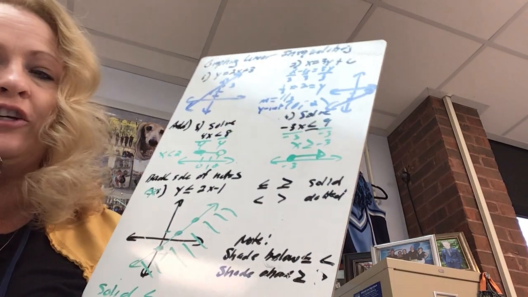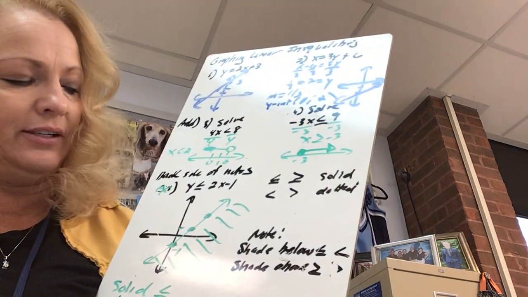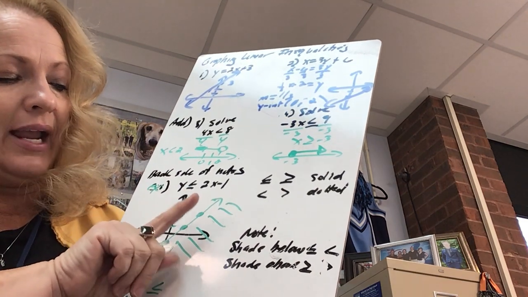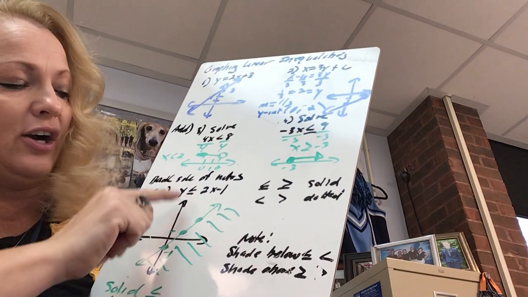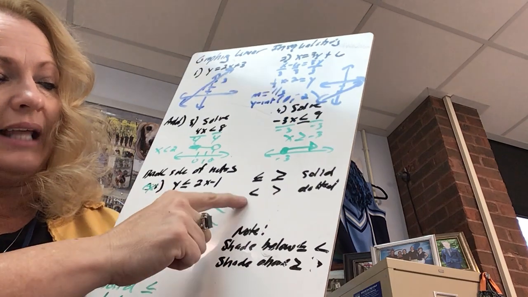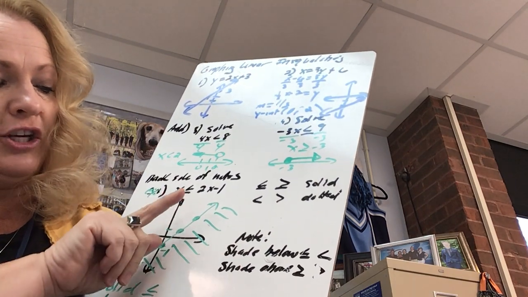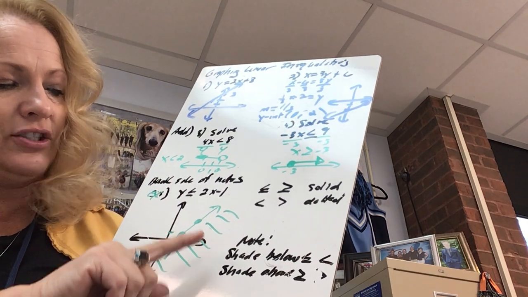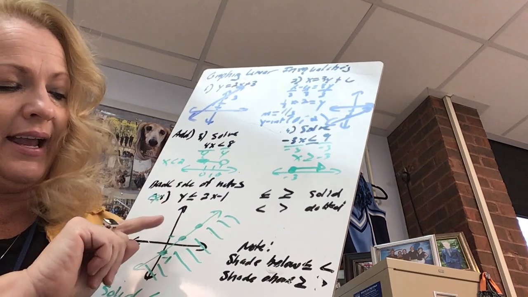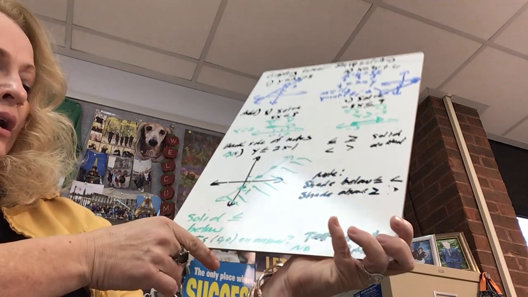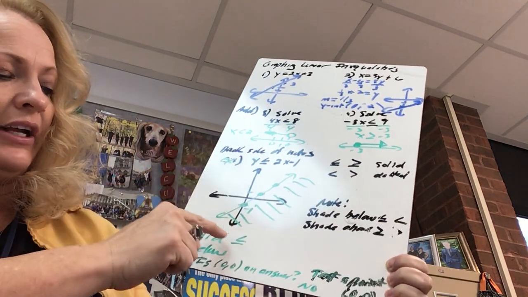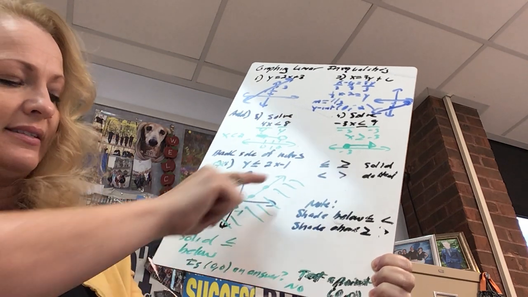Now, how do we show that all of our answers are not just on this line, but they are below this, but they are less than? So less than means that we shade below, less than low. All right, so greater than, which is not the case, I would shade above. So this line is a less than or equal to, so I would make this a solid line.